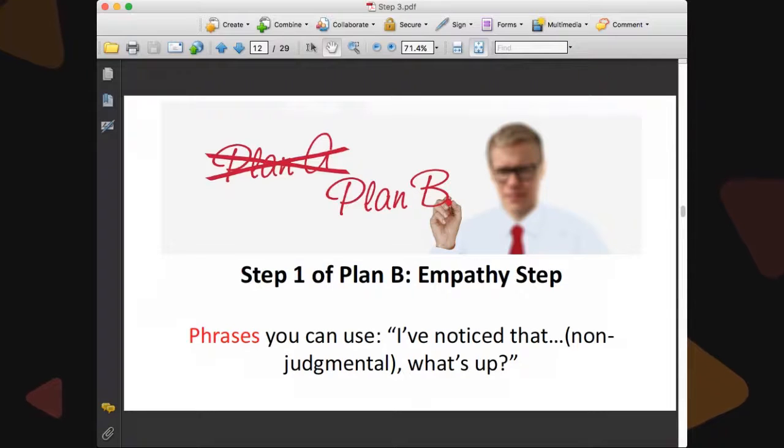So with Plan B, there's different opening statements that you can use to start the conversation. And one that's used often is, "I've noticed that..." and you say, "What's up?" So it's a non-judgmental way to say that you've observed something, but you're not putting judgment words in there.